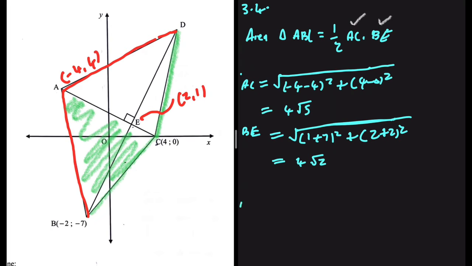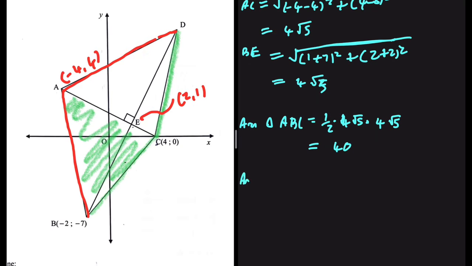So the area of our triangle ABC is equals to a half multiplied by 4 square root of 5, square root of 5, not square root of 2, multiplied by 4 square root of 5. So now it's just a matter of putting that in your calculator, and we are getting 40.